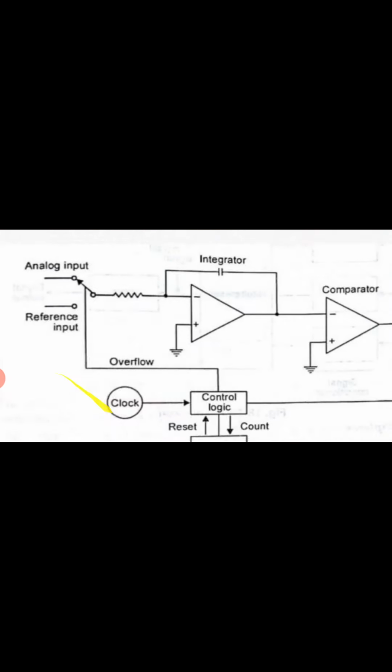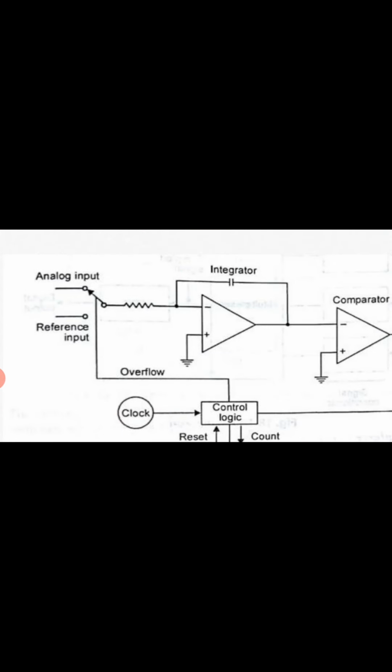Here the analog input voltage and the reference input voltage are successively connected. There is one switch, and that switch connects them one after the other to the integrator. So the fixed voltage is integrated for a fixed sample time.